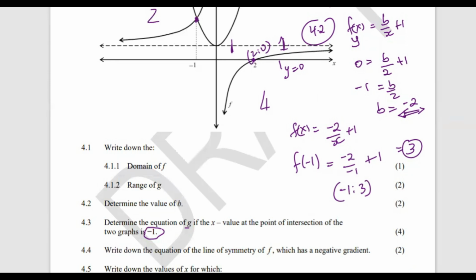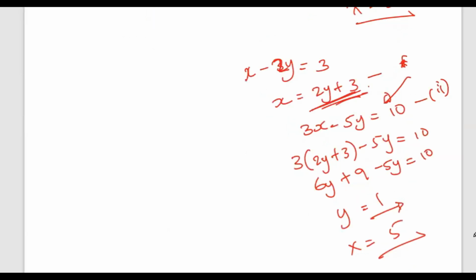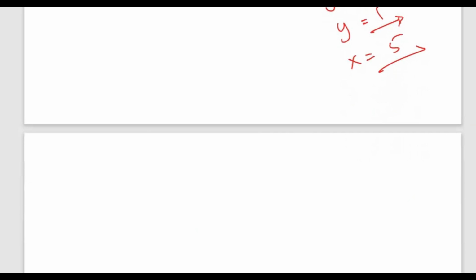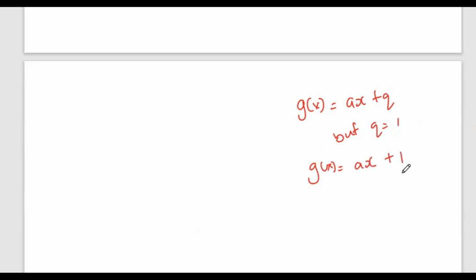Let me jot it this side and say that we said AX plus Q. We say G is AX plus Q, but Q is a 1. So which means G of X is going to be A of X plus 1.